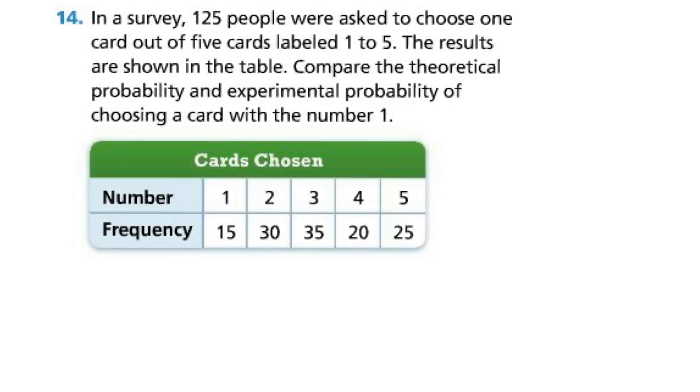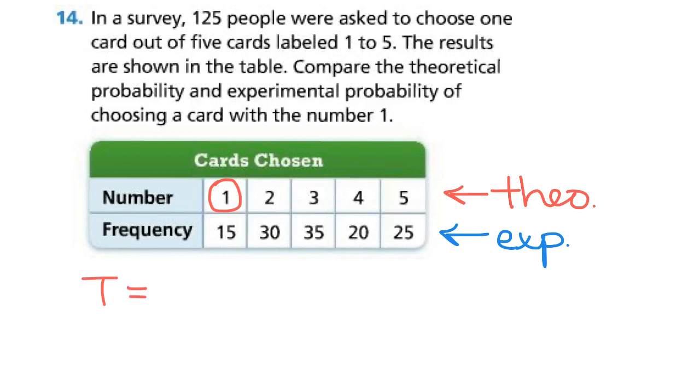When given a table, the data, the experimental is going to be the frequency. Your theoretical is actually going to be looking at what you could do. In this problem, we're wanting to focus on the number 1. So theoretically, 1 out of 5, or 20%, should be drawing a card with the number 1.